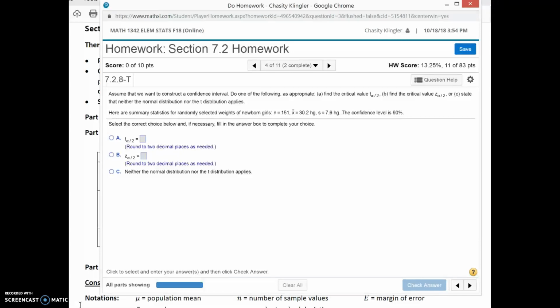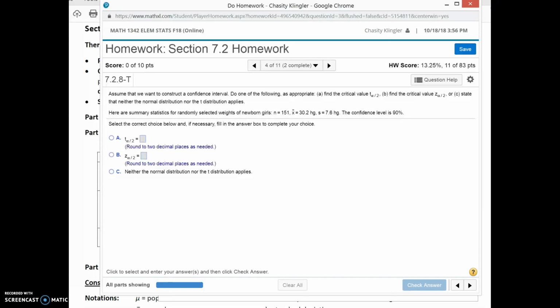If they give you S and not sigma, you have to use the student T as long as the other requirements are met. So let's check if they are. It either has to be normally distributed or my N has to be greater than 30. So it doesn't say that it's normally distributed, but my N is 151, so that tells me I can use the student T distribution.